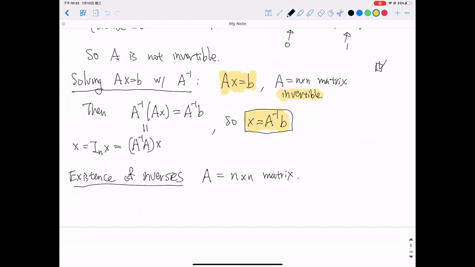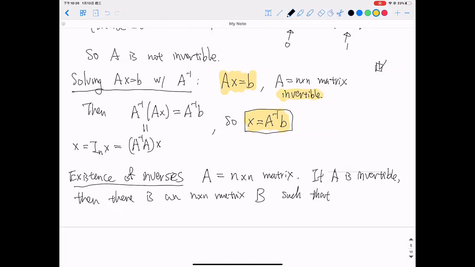If A is invertible, then there is an n by n matrix B such that AB is equal to the identity matrix.